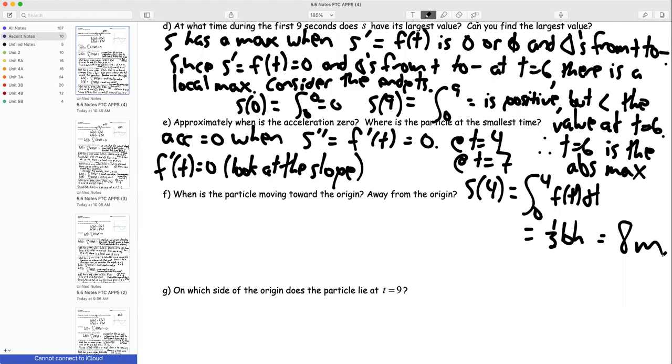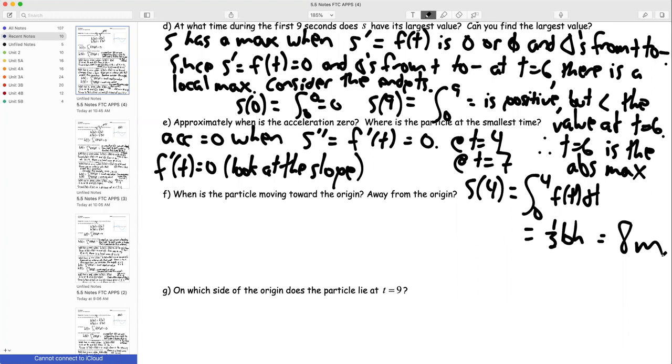It also depends on where the particle starts. The velocity is either moving to the right or to the left. If the velocity is positive, it's moving to the right. If it's negative, it's moving to the left, right? But if the particle starts at -3 and then moves to the right, it's moving towards the origin. If it starts at -3 and moves to the left, then it's moving away from the origin.